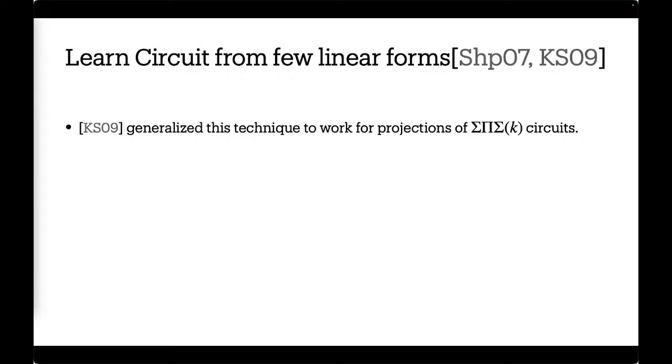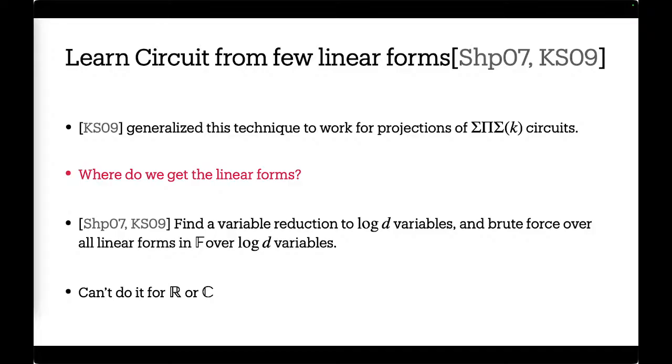And then Karnin-Shpilka generalized this idea to be able to learn from projections of constant top fan-in circuits instead of just one gate. And one question you might have is, where are we getting these linear forms? I don't have any friend looking inside the black box. So what Shpilka and Karnin-Shpilka both do is they find a bunch of variable reductions to log D variables, such that if you can do reconstruction there, you will be able to lift it to the original one.